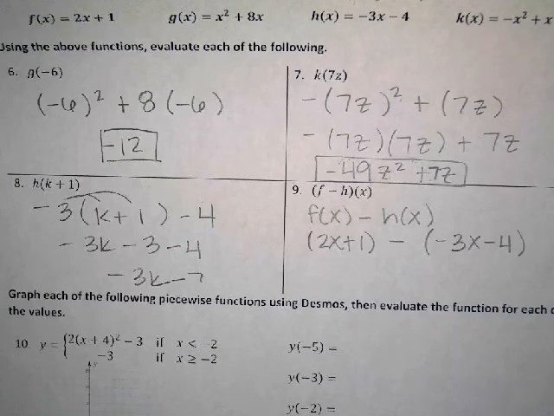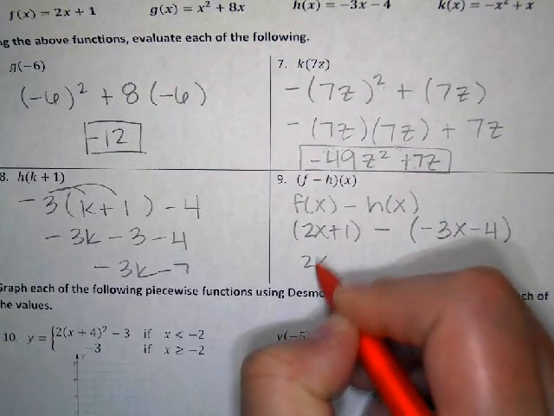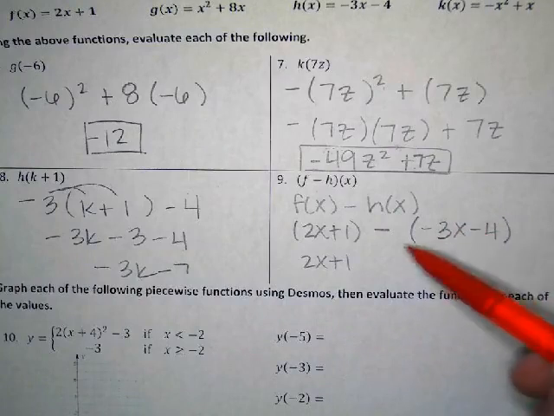Okay, so if we're subtracting them, what do we do? You gotta change that to just 2x plus 1 minus negative. So we're taking the negative.